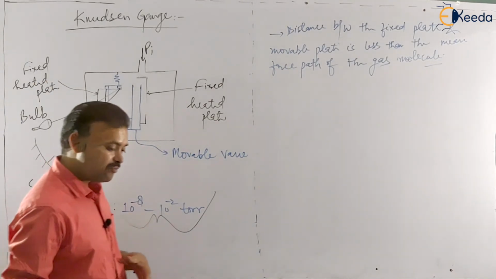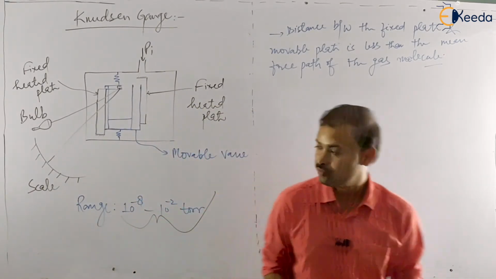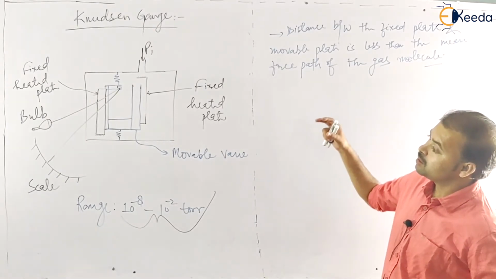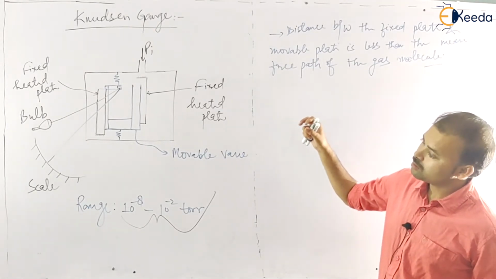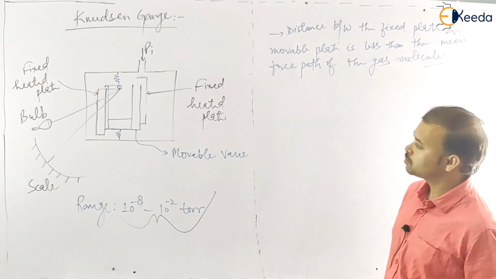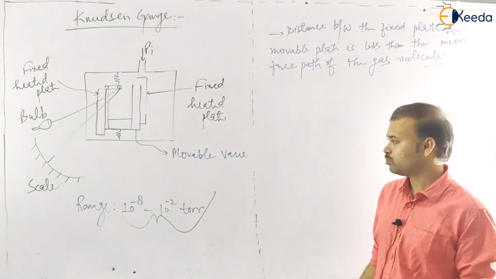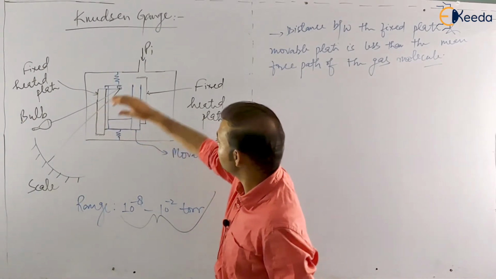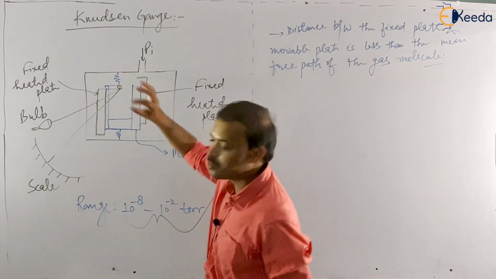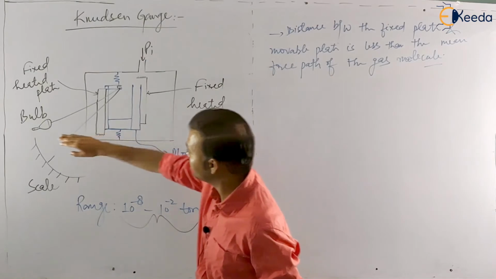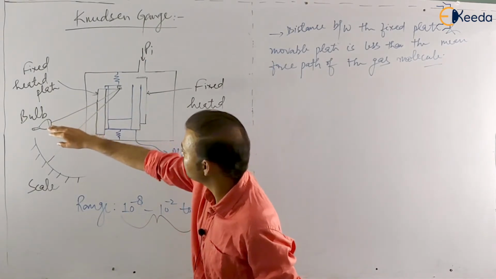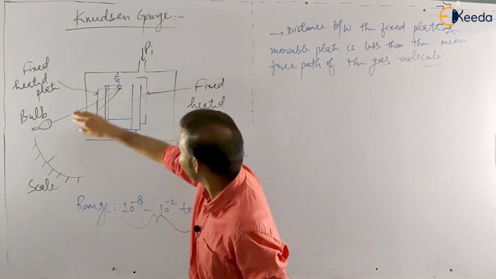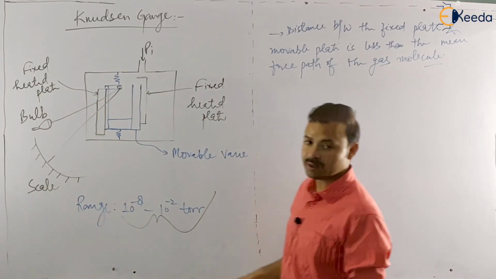Now, the force created by the collision of atoms or molecules on the movable plate is measured by this mechanism. There is a mirror attached to the movable plate, and there is a bulb which gives light directly to this mirror.